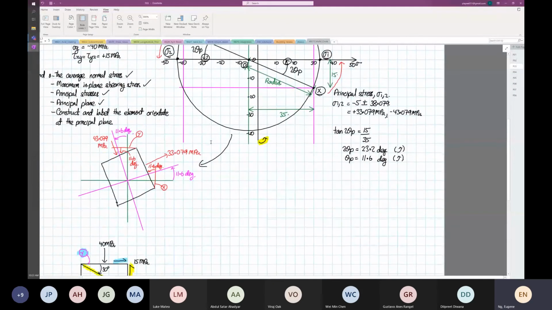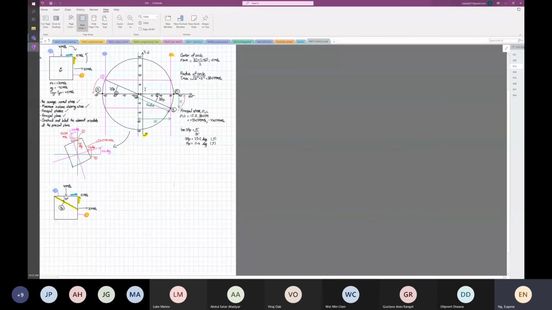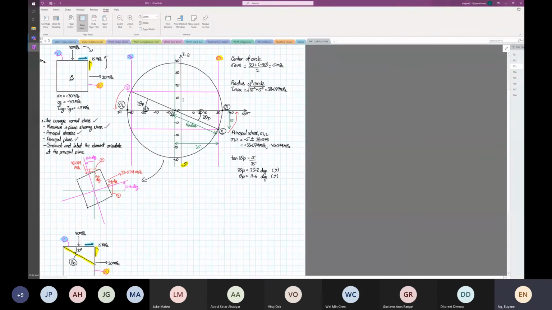From here, let me zoom out, so rather than you get a headache later on, I'll go further. Yeah, you can still see this. So y to y30 is a clockwise rotation.